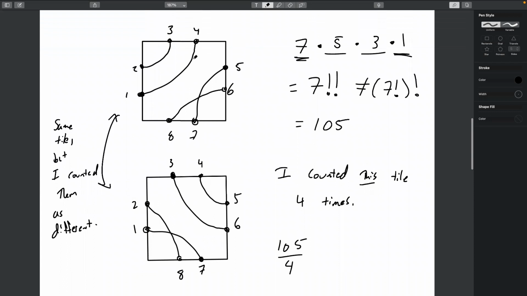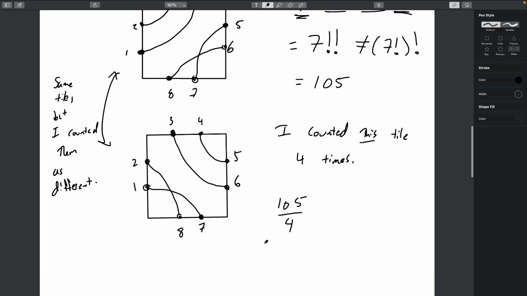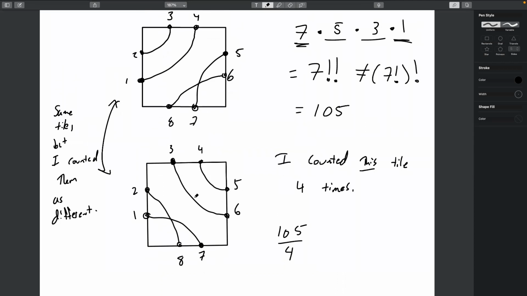If this did count every tile 4 times, then this would be legit. So obviously something more subtle is happening here. What is happening that not every tile is being counted 4 times? Maybe some tiles are being counted more than 4, or maybe some tiles are being counted less than 4.